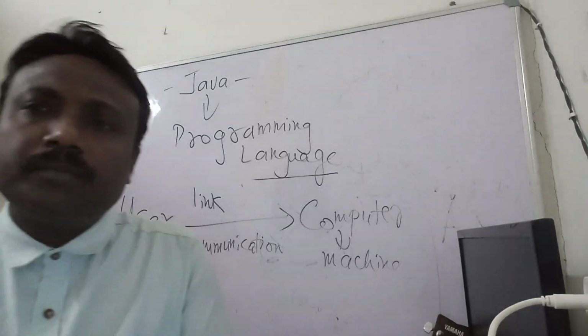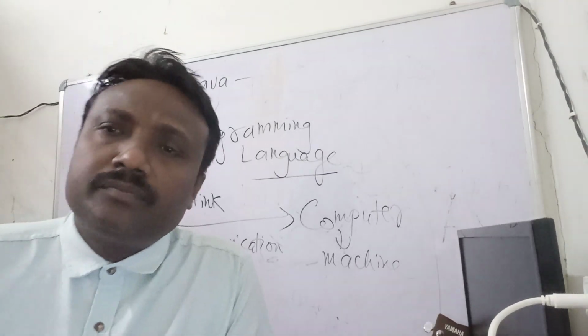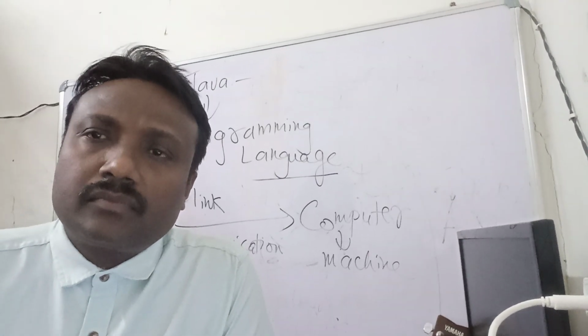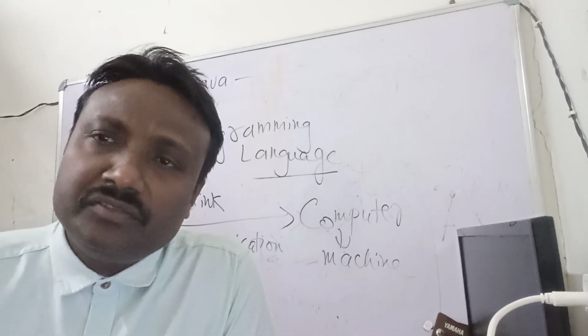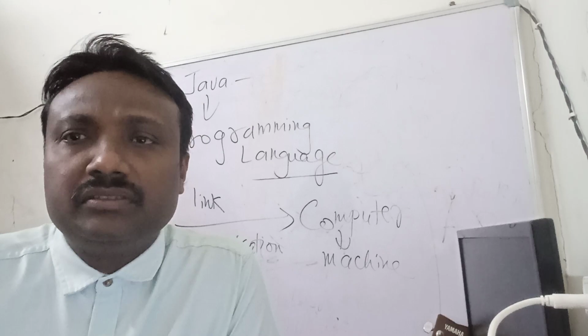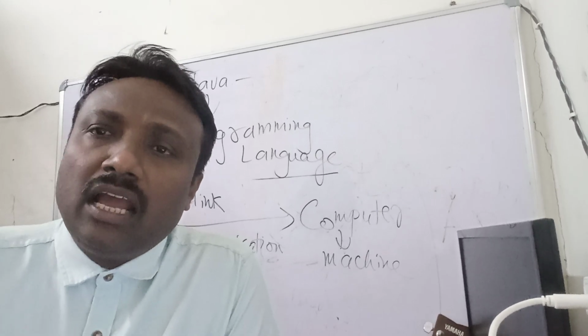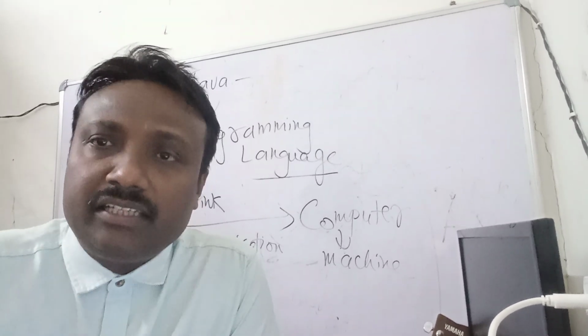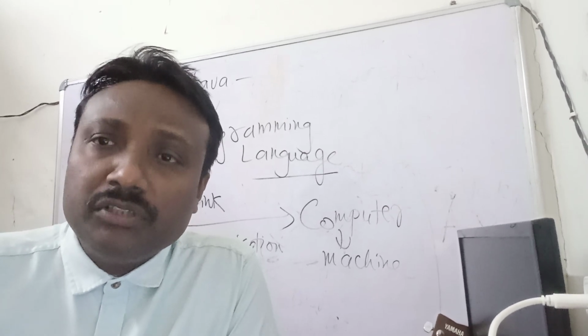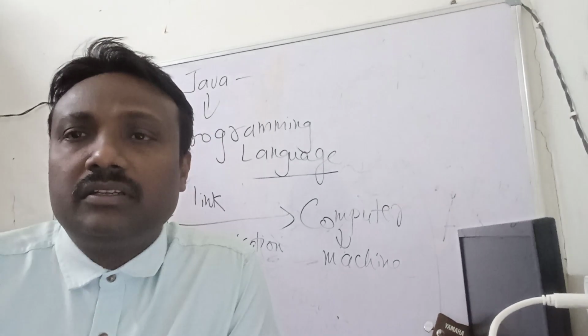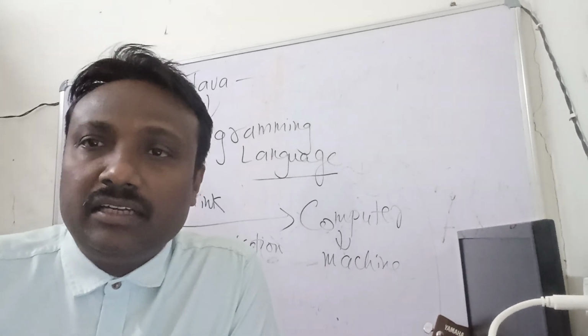So, my dear students, a computer is a machine. It does not understand ABCD or any other language. It requires instructions. If you want to talk to a computer, you need to write instructions which the computer can understand.